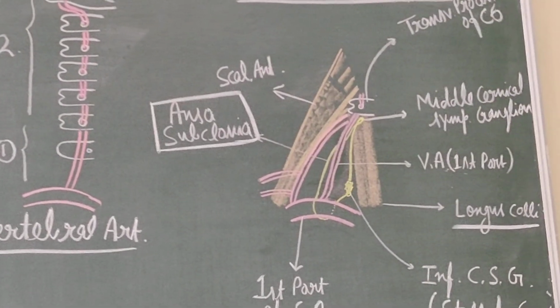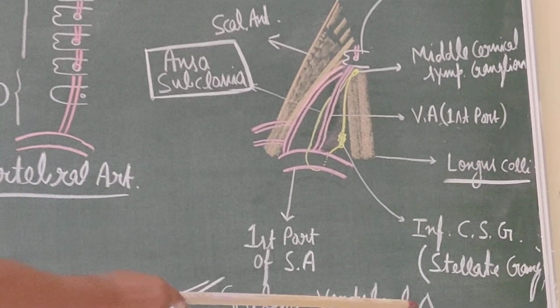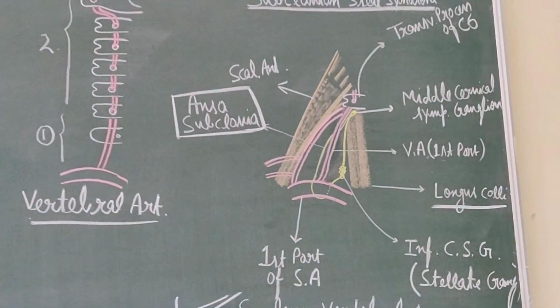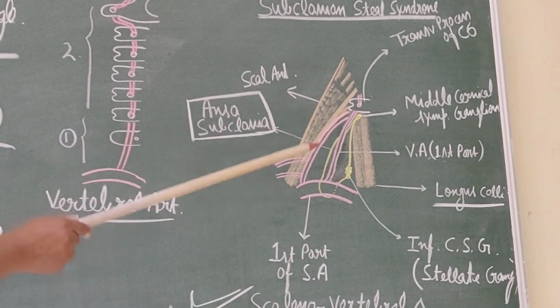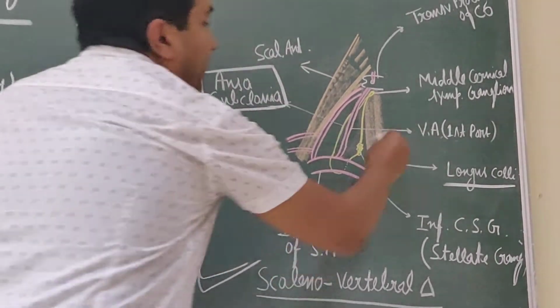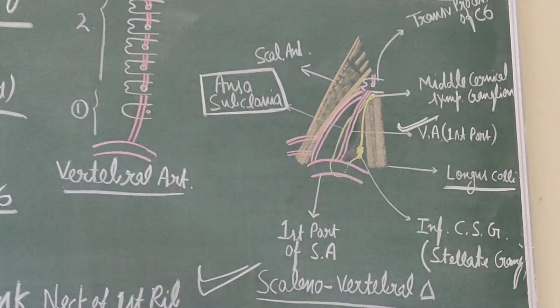Now, what is the importance of this scapulovertebral triangle? This is the deepest structure in the root of the neck. This scapulovertebral triangle contains the first part of the vertebral artery.